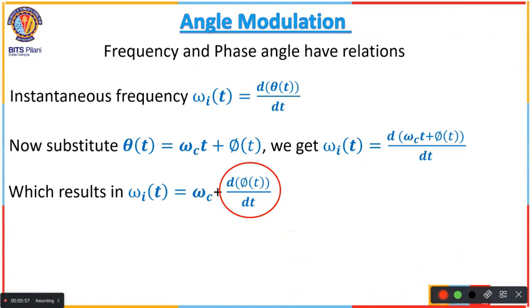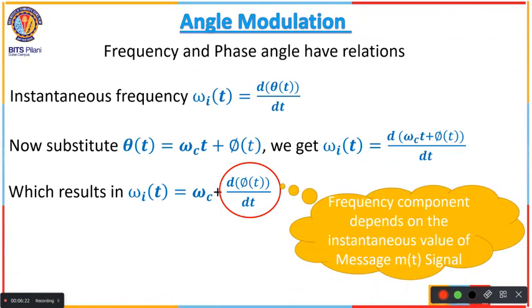Now, can you tell me what is depending on the message signal? Omega c is constant, right? So which term in this depends on the message signal? Phi of t, yes or no? All of you agree with what I told you, right? Now, you see what I will do now.